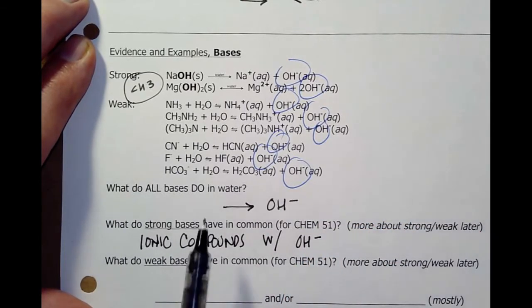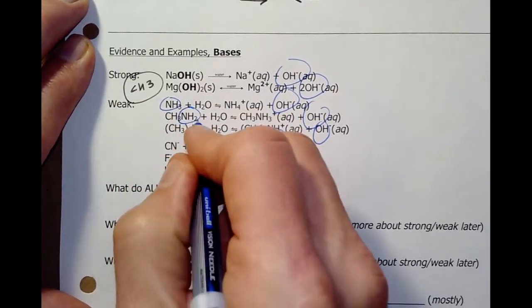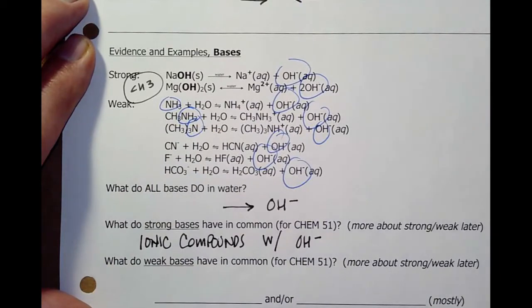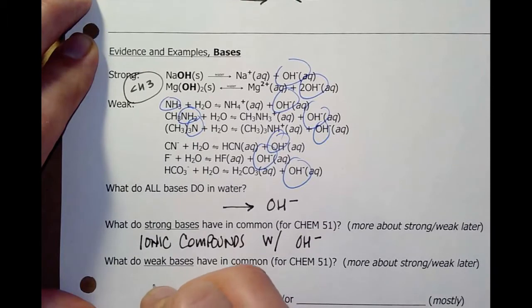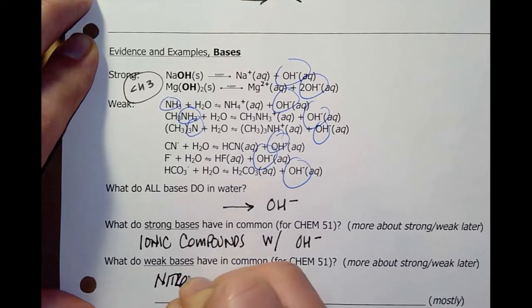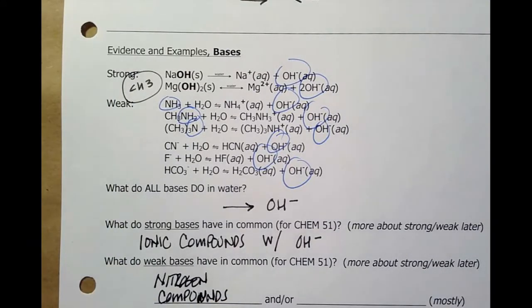Now, the weak bases get there a couple of different ways. You'll notice there's nitrogen in a compound, nitrogen, nitrogen. So we'd say they all tend to have nitrogen. So we'll say nitrogen compounds. We're going to refine that a little bit more.